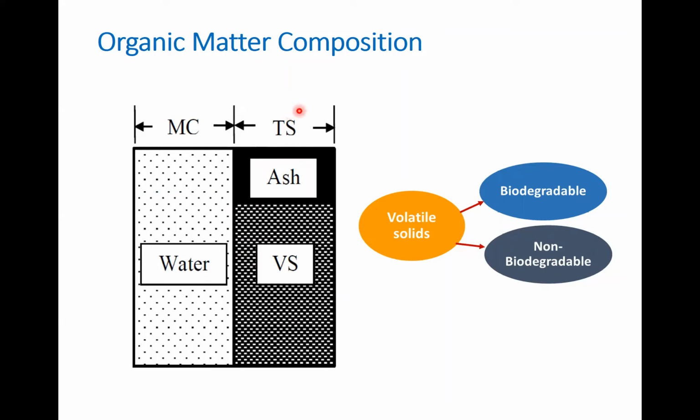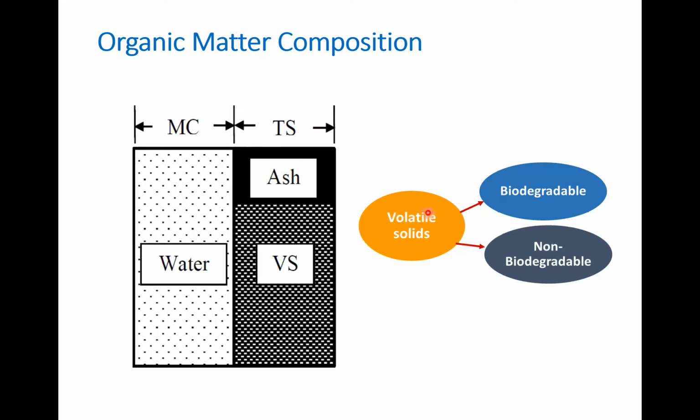The total solid is composed of volatile solids, VS, and ash, which is basically a fixed solid. Sometimes people actually refer to ash as fixed solids.